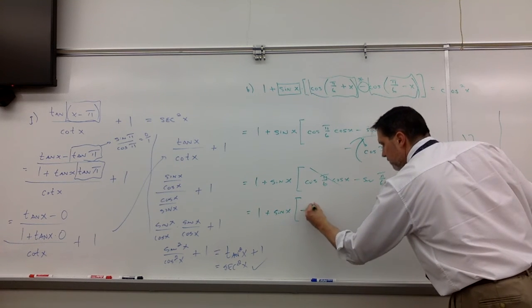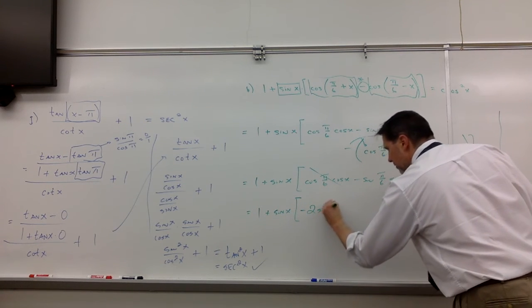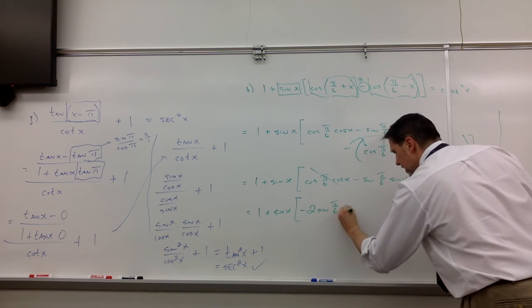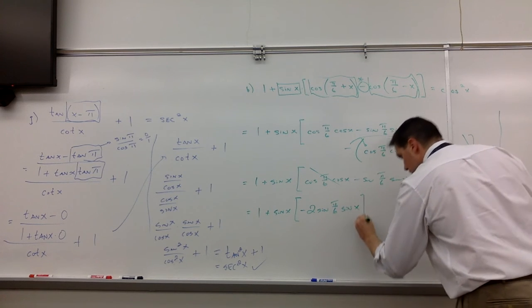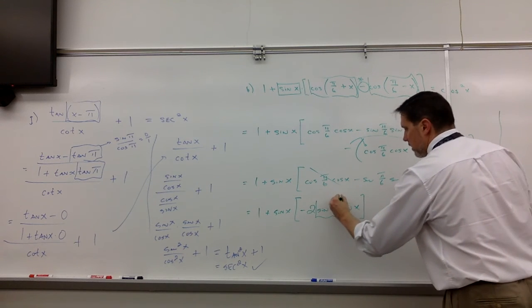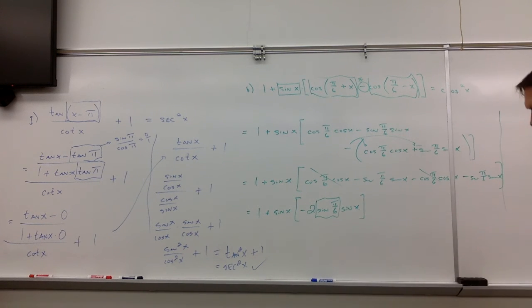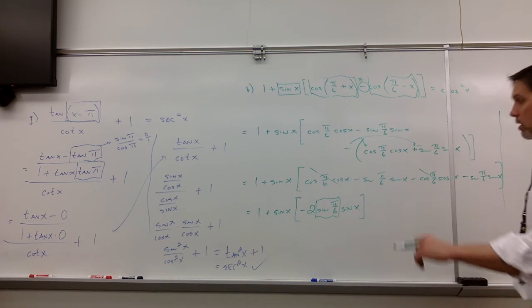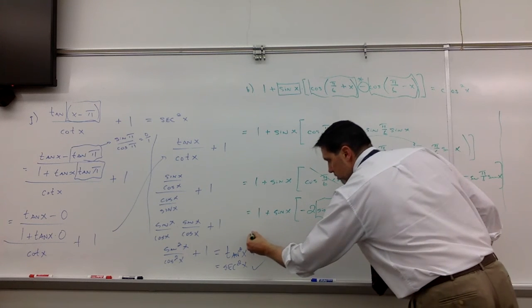That would be negative 2 sine pi 6 sine x. All right, that is a constant. Pi 6 is 30 degrees. The sine of pi 6 is 1/2, which is friendly.